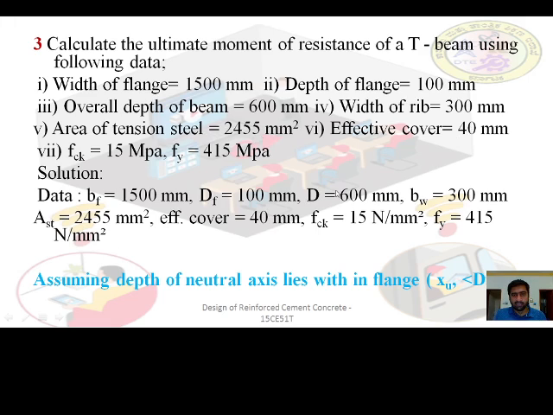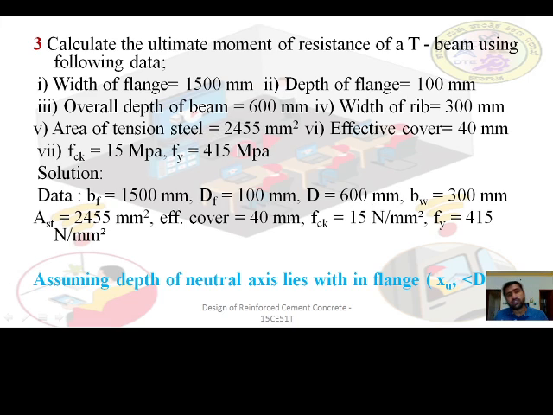Why are they not given the effective depth? Small d they have not given, so we have to calculate that. Next, FCK 15 Newton per mm square. Grade of the steel is 415. So small d is capital D minus the cover. 600 minus 40 is 560.